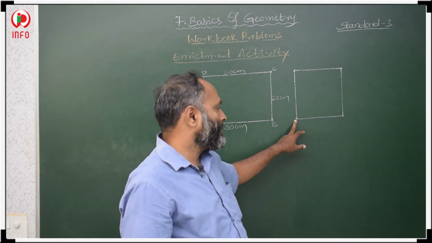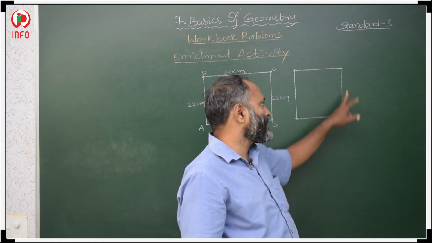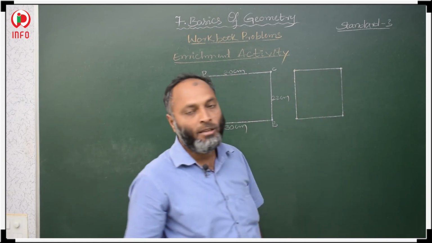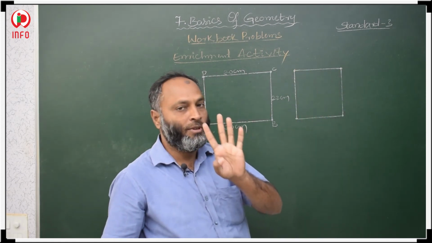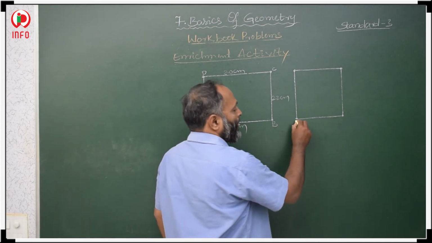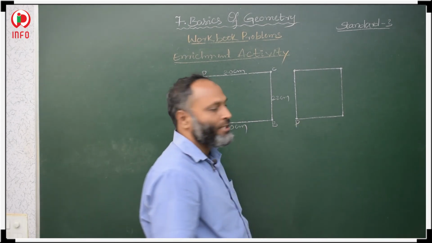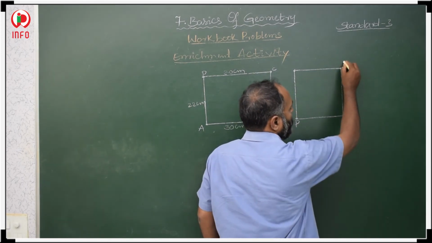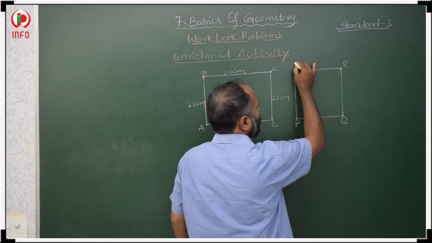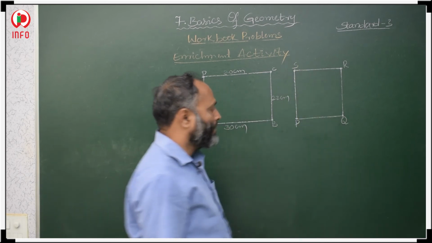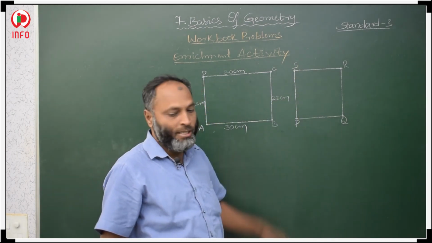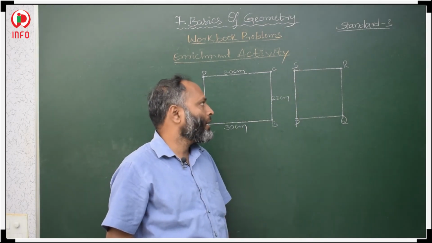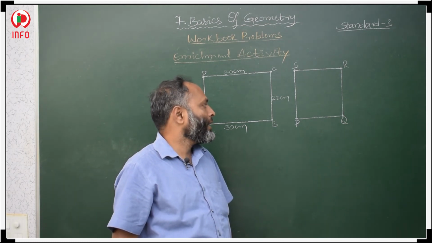So here this is our first vertex, second vertex, third vertex and fourth vertex. Total how many vertices? 4 vertices we form. So name them: the first vertex we call P, the second vertex Q, the third vertex R, and the fourth vertex S. Now you measure the four sides PQ, QR, RS and SP.